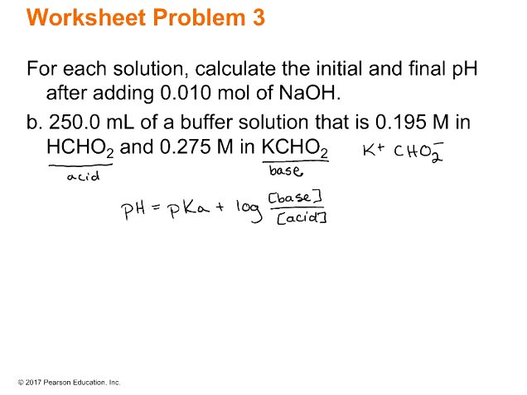Okay, so let's determine the Ka value for our acid, and you can look this up in your textbook, but I'll just give it to you here. It is 1.8 times 10 to the negative fourth. So now we can determine that pKa value.